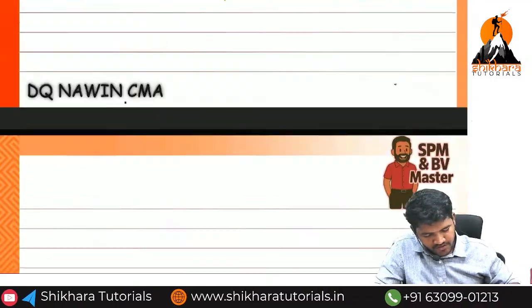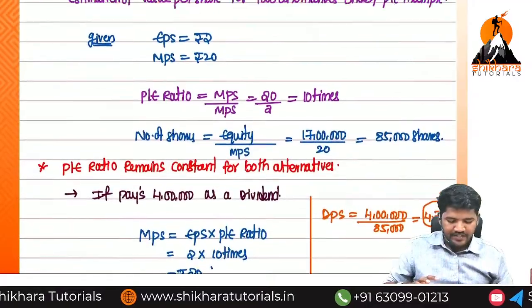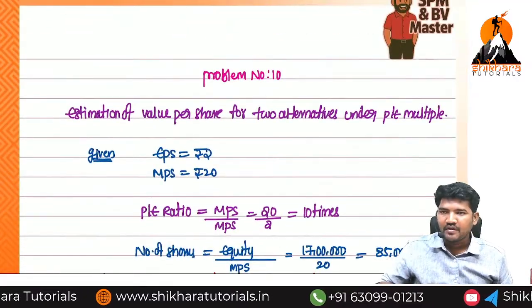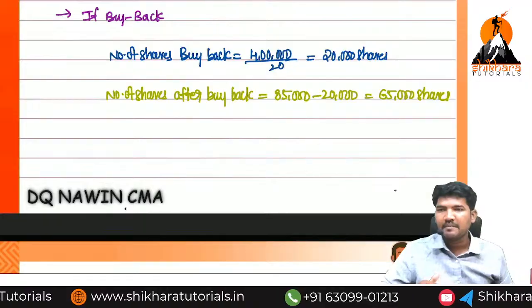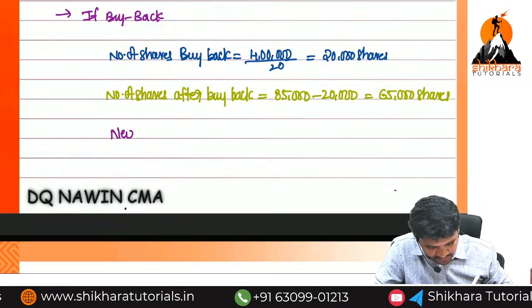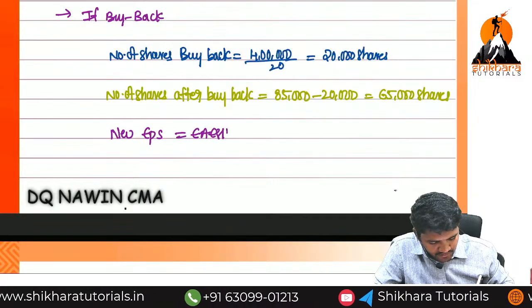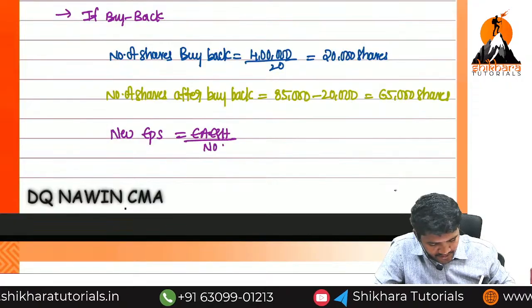For the purpose, I want EPS. Previously there were no EPS changes, that's why I considered the given information. But due to the change in number of shares, my EPS will be impacted. That's why I have to figure out the new EPS. EPS is earnings divided by number of shares.